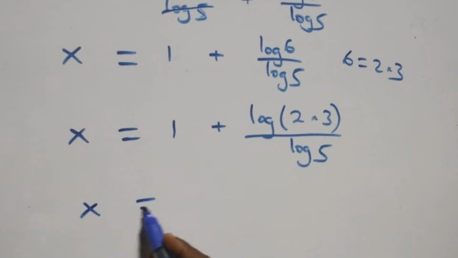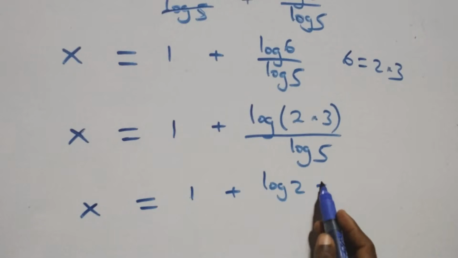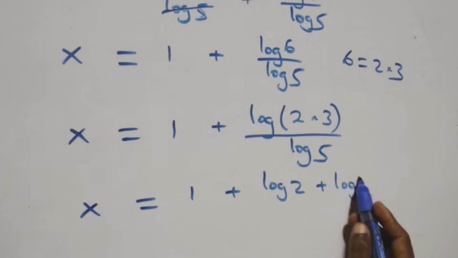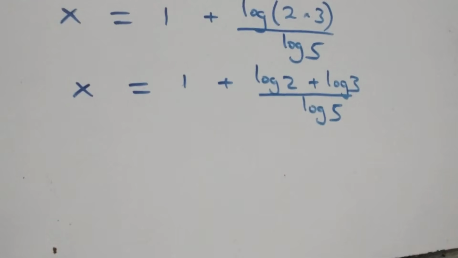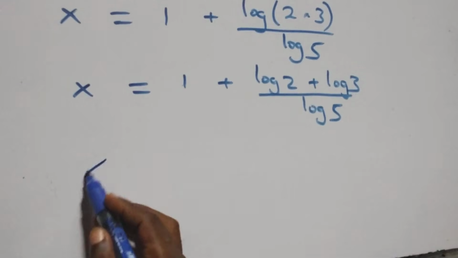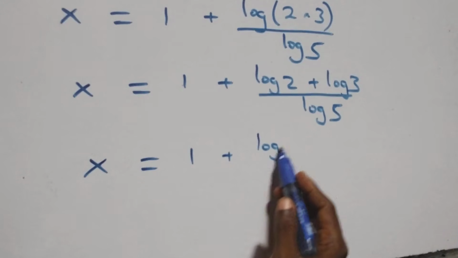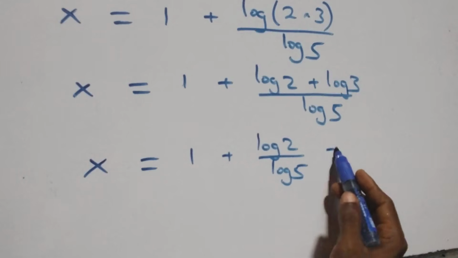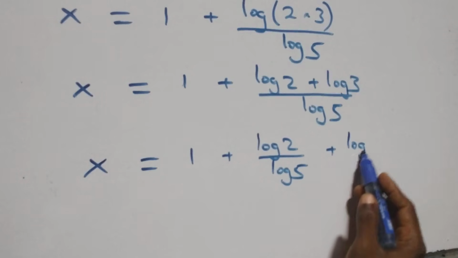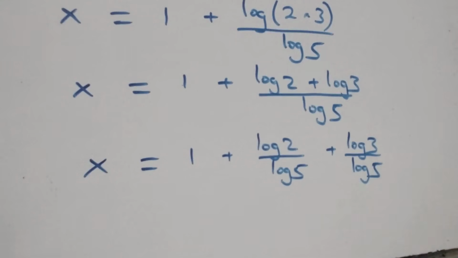And we have x equals 1 plus log 2 plus log 3 over log 5. Then separate this into two fractions, and we have x equals 1 plus log 2 over log 5 plus log 3 over log 5.